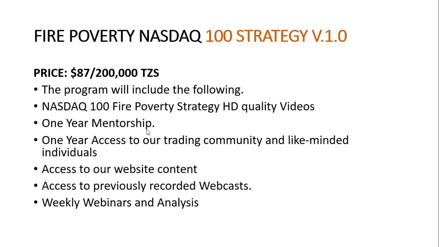Fire Poverty Nasdaq 100 Strategy, version 1.0. The Fire Poverty Nasdaq 100 strategy comes at a price of $200,087. Once you purchase the program, it will include the following: high quality videos.